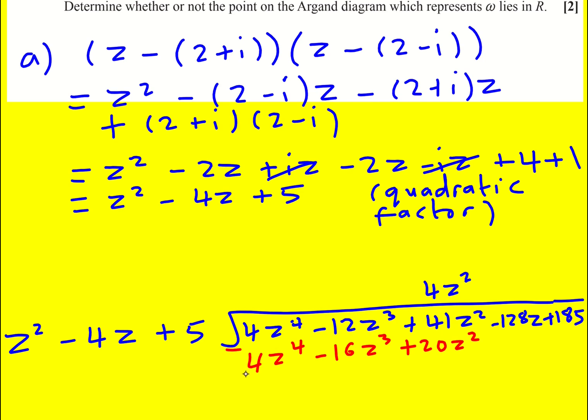Okay, subtract these. These cancel. Here, minus 12 minus minus 16 is 4z cubed, plus 21z squared, and bring this one down.